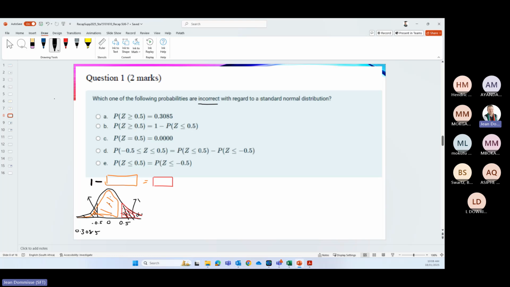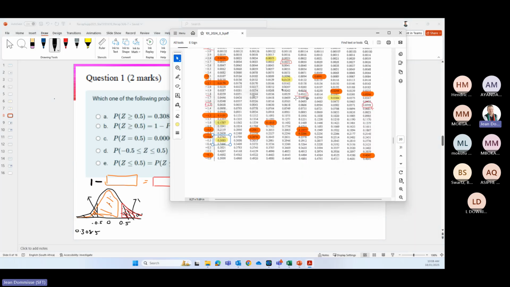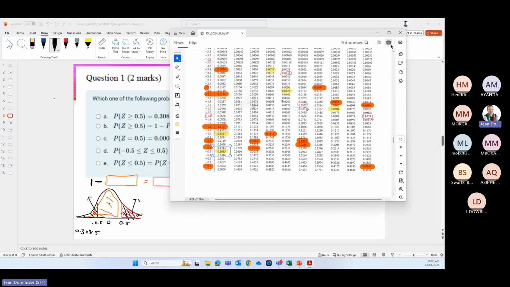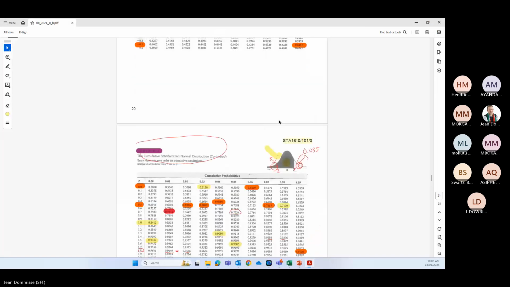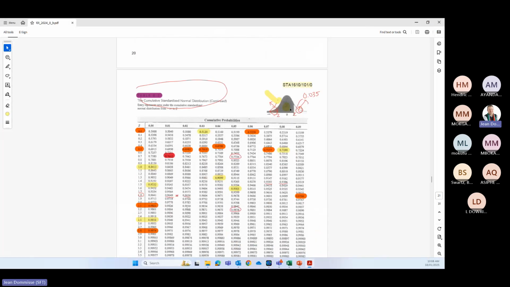So for that, we can use this one, where that is now the orange component.